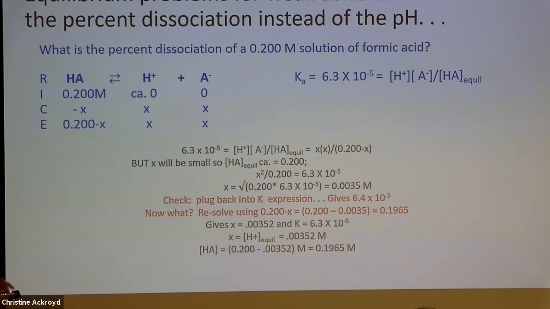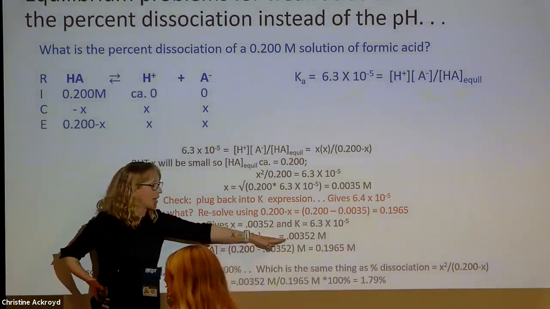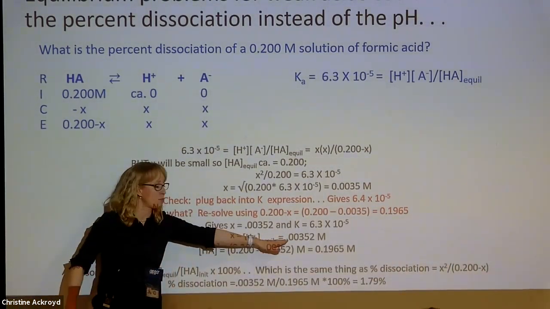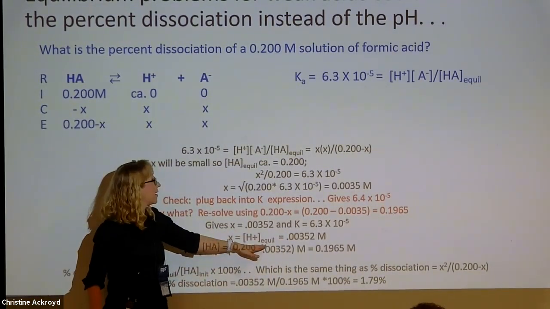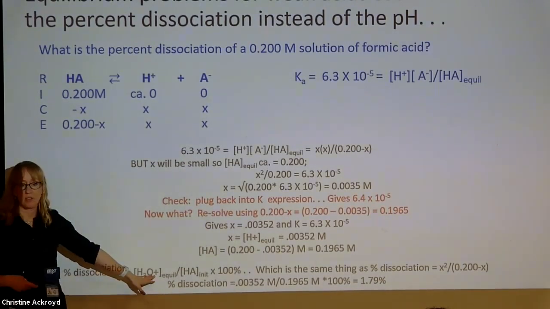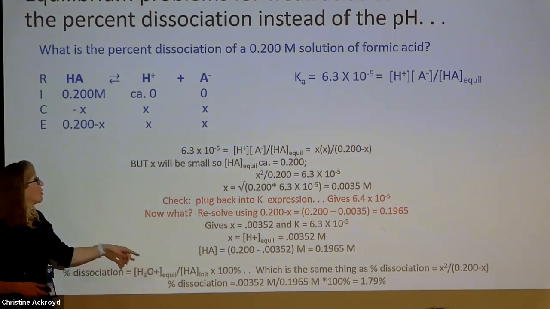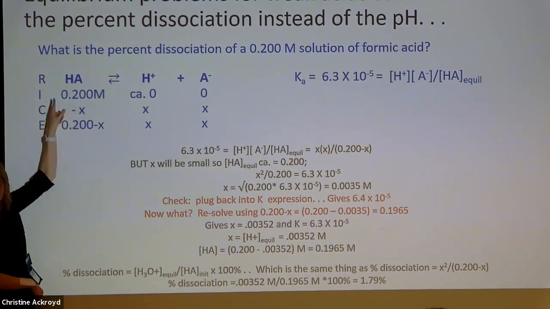When you finally get an X value, it gives you the right Ka value back again. So the percent dissociation is your X value that you solve for here. That's your hydronium concentration. Then you divide by the 0.200 value that you put in the top corner of your rice table.